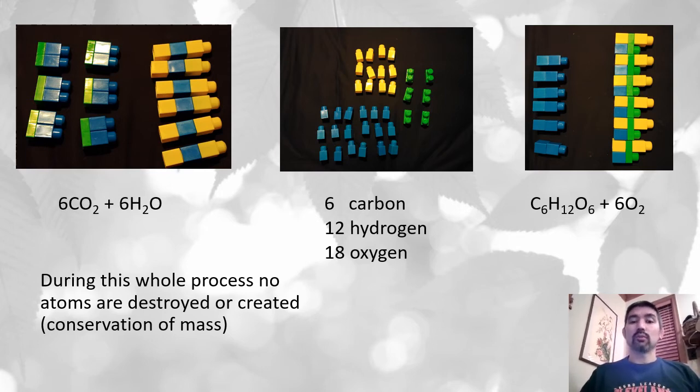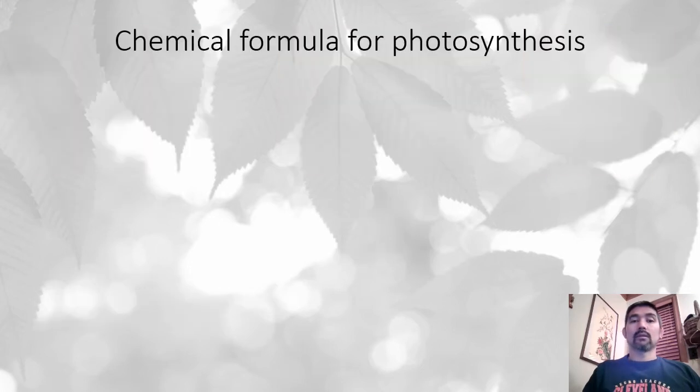You can put those together to make what we have on the left, which is 6 carbon dioxide and 6 water. You can use them to make what we have on the right, which is 1 molecule of glucose and 6 oxygen molecules. So ultimately, this is what the chemical formula for photosynthesis is about.